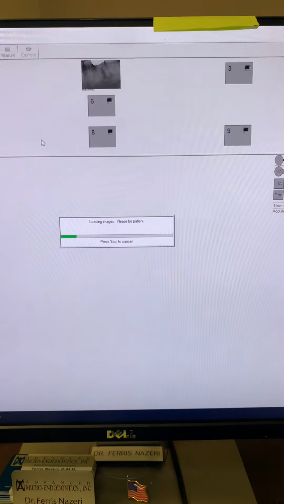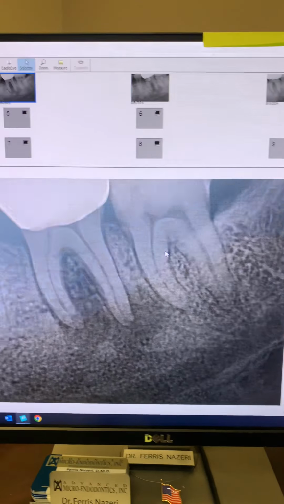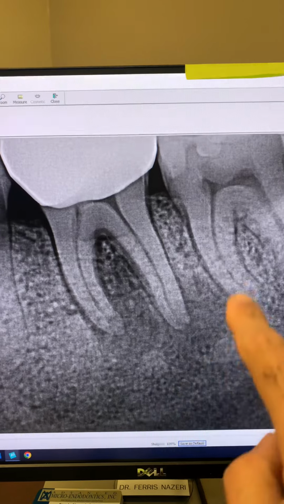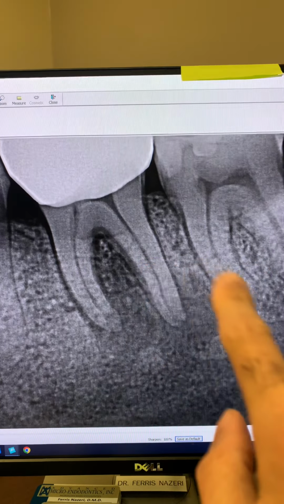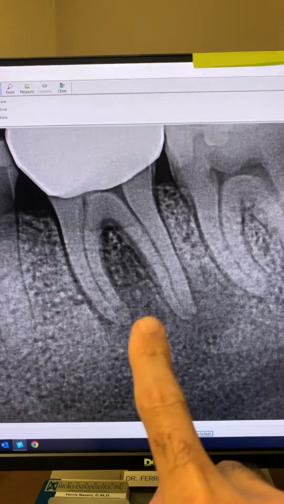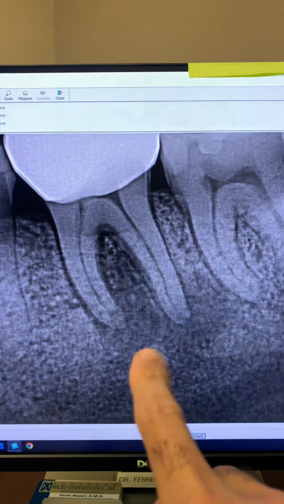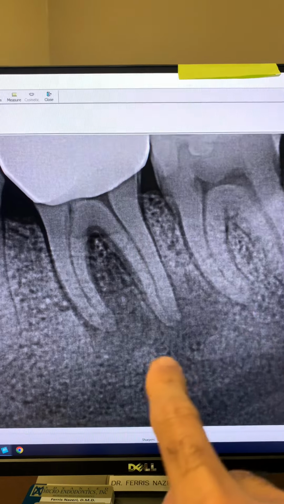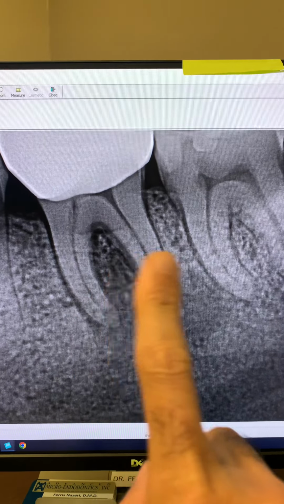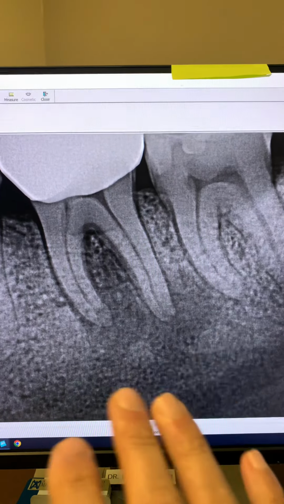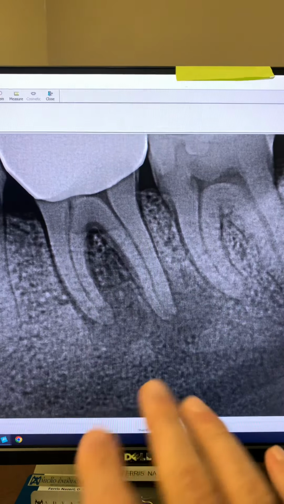All right, so if you look here, you can see what I'm talking about. You can see large periapical radiolucencies. I mean, look how huge these are. And this is where the deep pocket was, right here. So all of these, what I, in layman's terms, call pus pockets so the patient can understand.